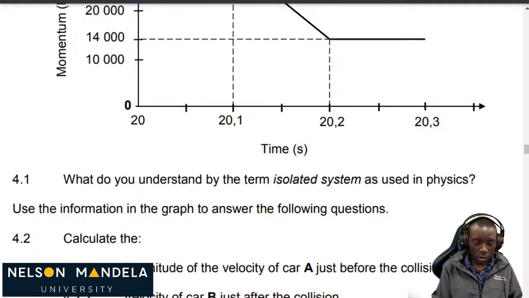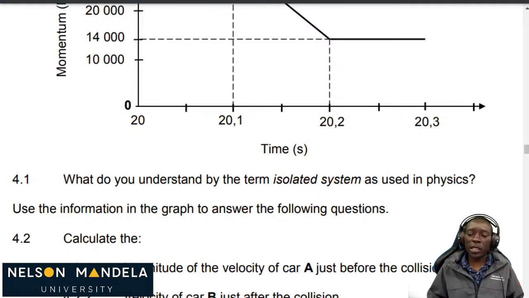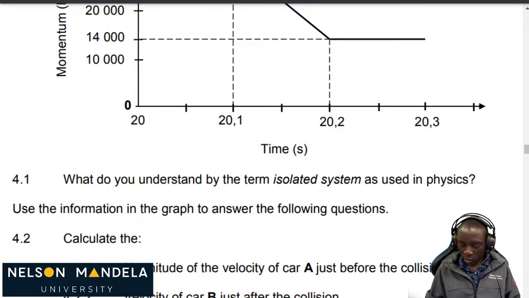So it is one in which the net external force is 0. Meaning if there are external forces, they all sum up to give a net external force of 0. Otherwise, it is a system with no external force. It excludes all external forces.